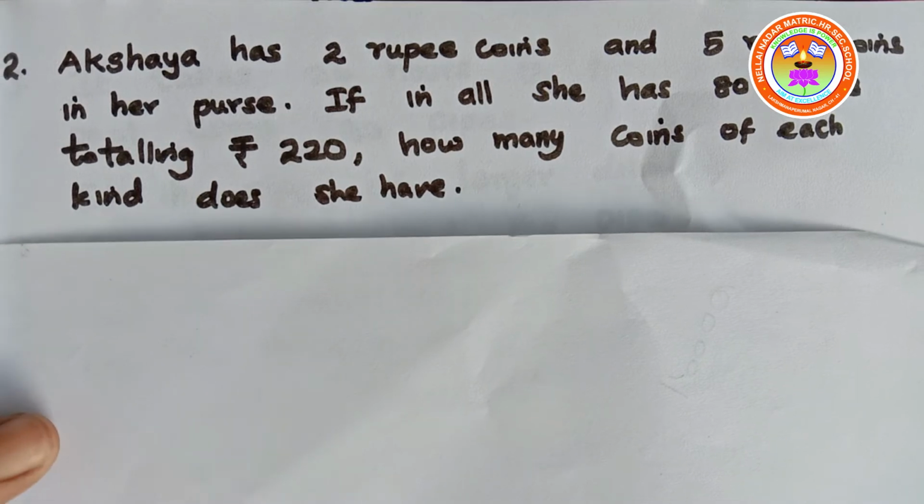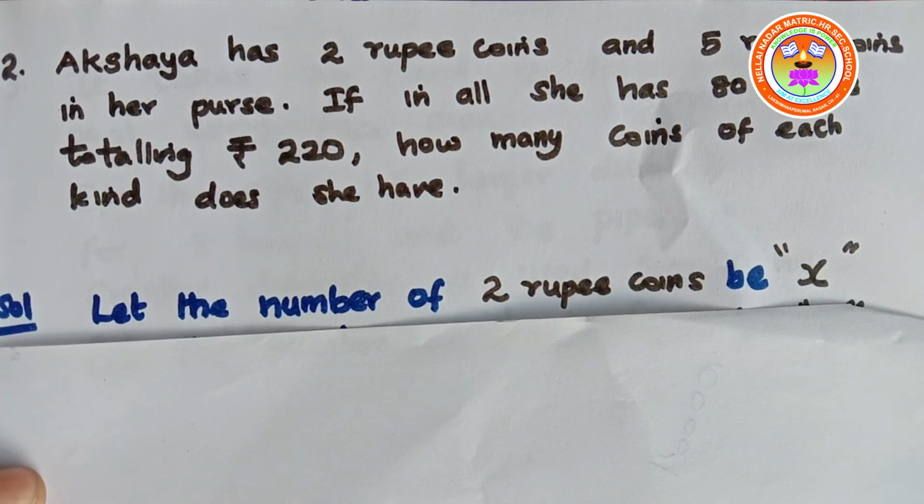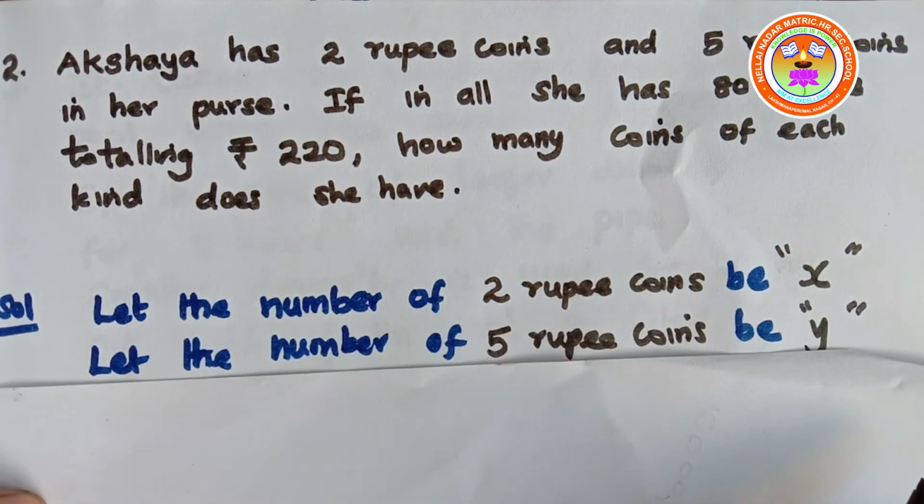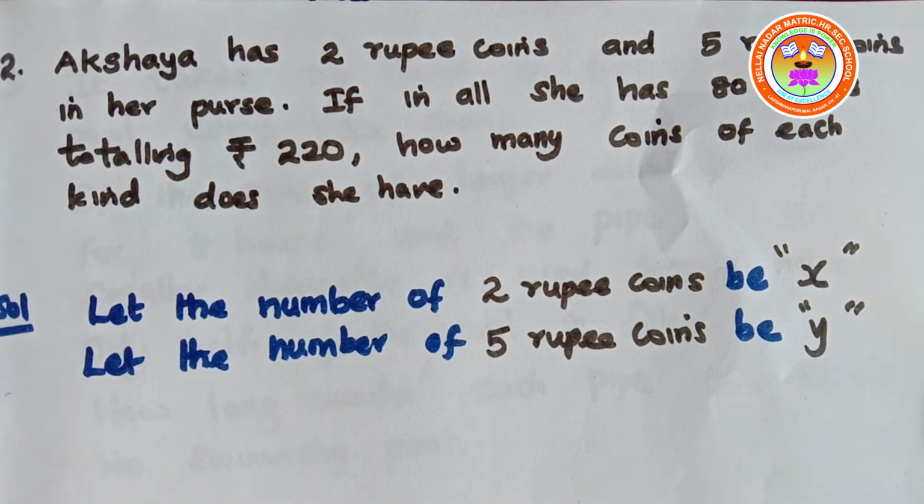So let us see, children. Solution. Let the number of 2 rupee coins be x. Same way, let the number of 5 rupee coins be y. It's clear children.